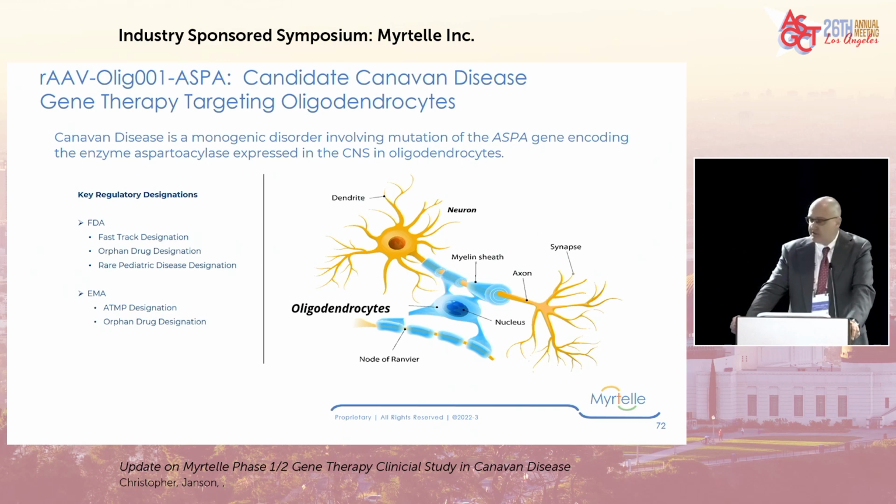As you know, and as we just heard, most existing AAV vectors are strongly neurotropic. AAV-olig is unique, or nearly unique, in its ability to specifically target oligodendrocytes, which are the main cell type involved in Canavan disease. So the drug product has already garnered a number of key designations, including FDA Fast Track and Orphan Drug Designation and EMA Orphan Drug Designation.